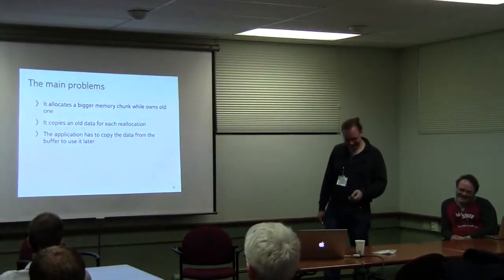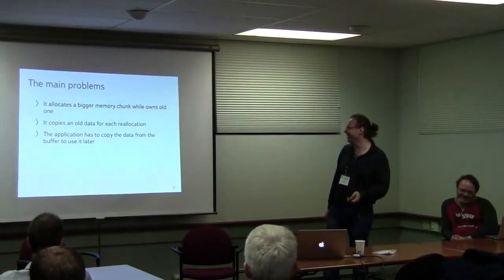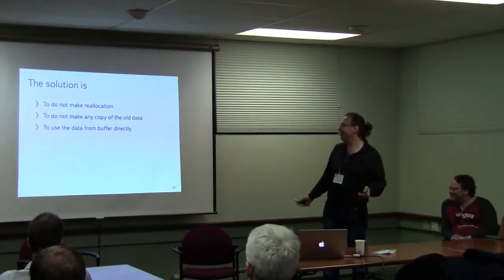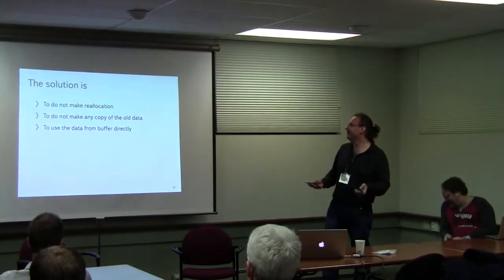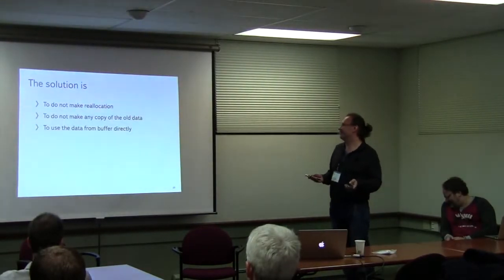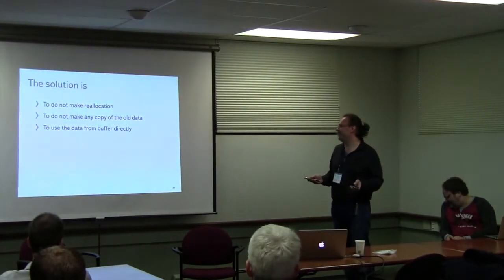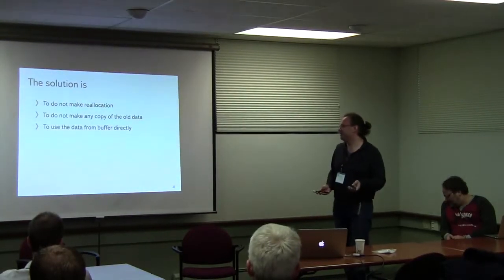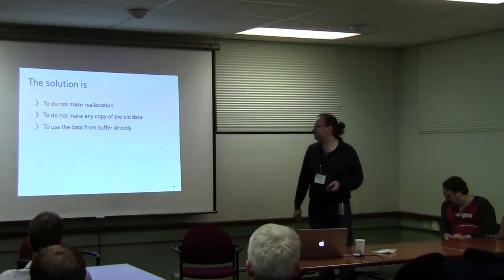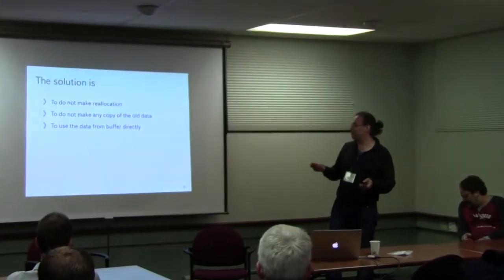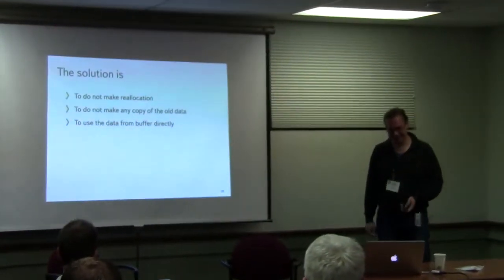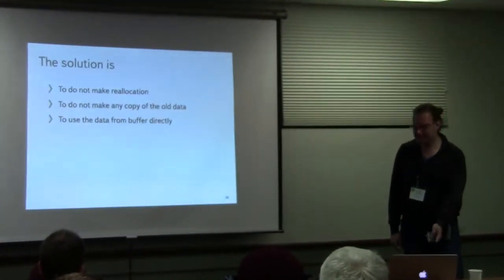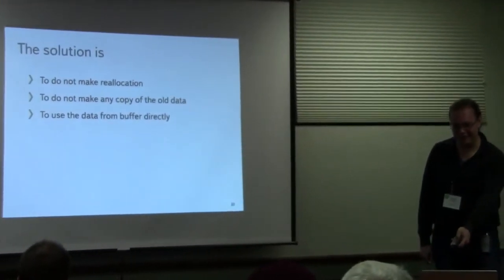Okay. Let's go to the next slide. We don't want to do relocation. We don't want to make any copy of all data, and we want to use the data from the buffer directly. Here is some animation.